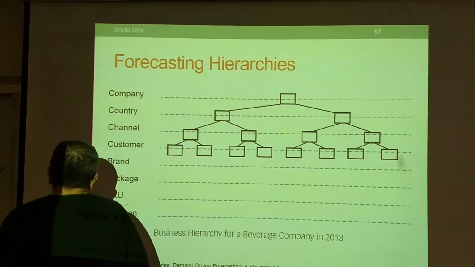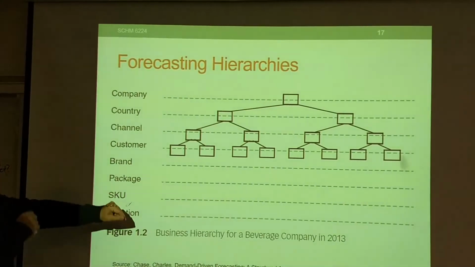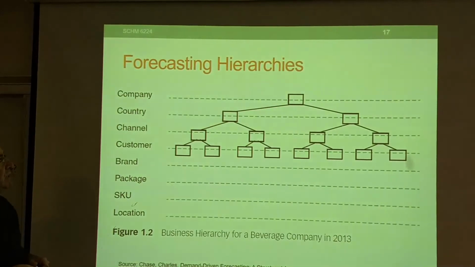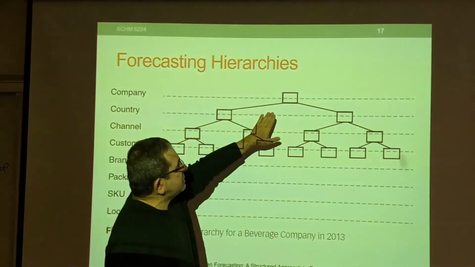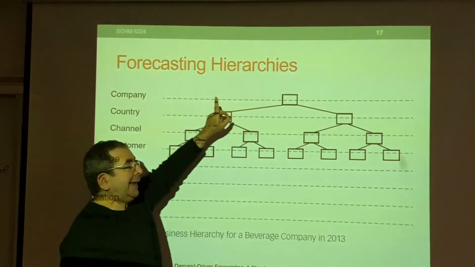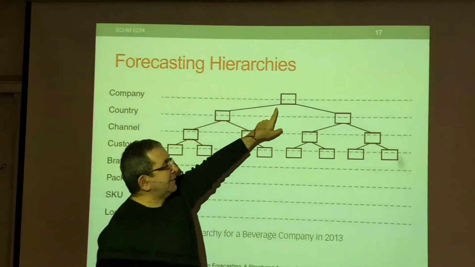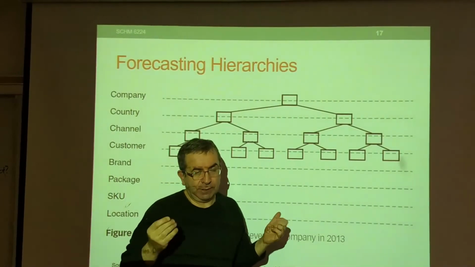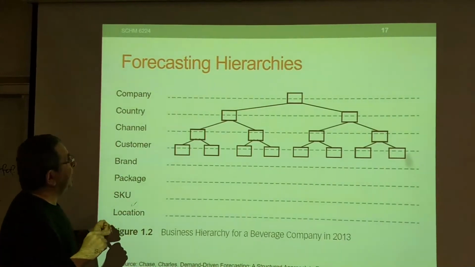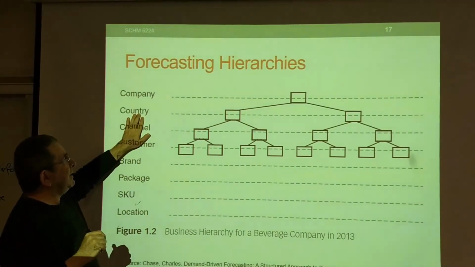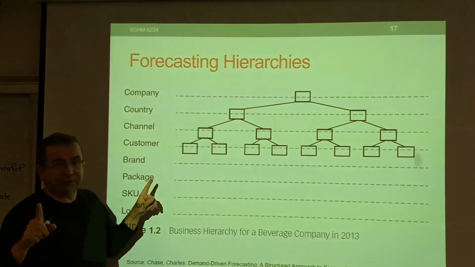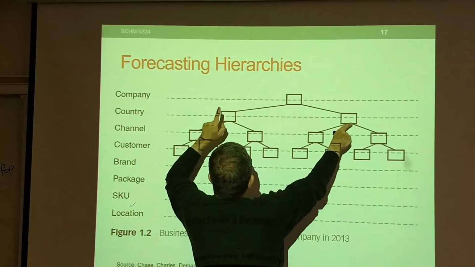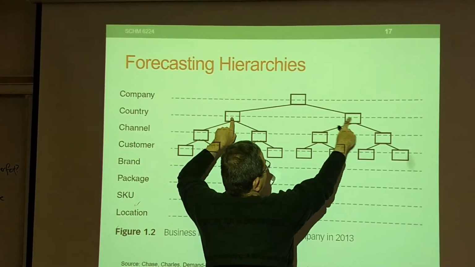So a lot of companies forecast in hierarchies. Okay. So let's say you can have total sales for the company. So that's going to be a single number for the total sales of the company. Okay, that's one forecast. However, your company can be operating in multiple countries. So you break down this total sales into two countries. This could be United States, this could be Canada.